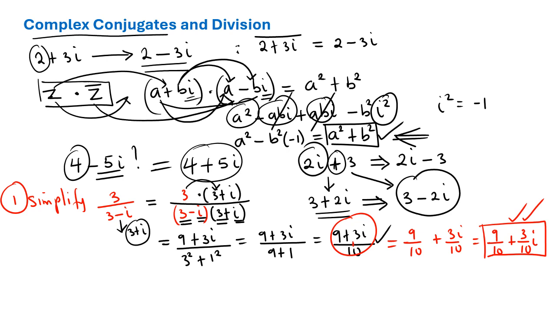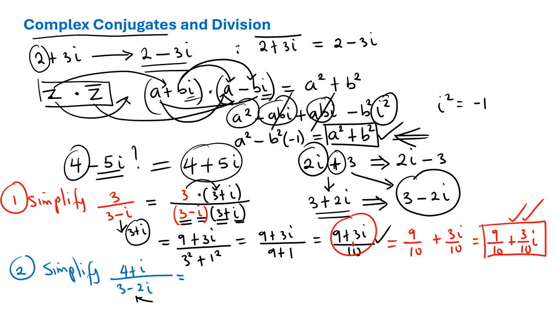Let's go ahead and try another one. Let's take number 2, which wants you to simplify 4 plus i over 3 minus 2i. Again, I need to find the complex conjugate of 3 minus 2i.